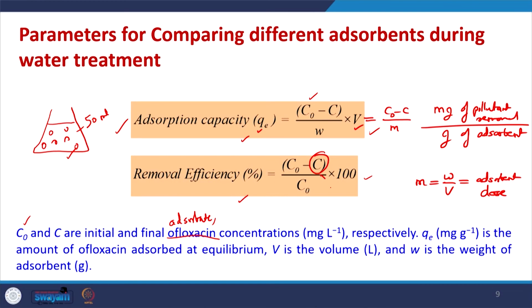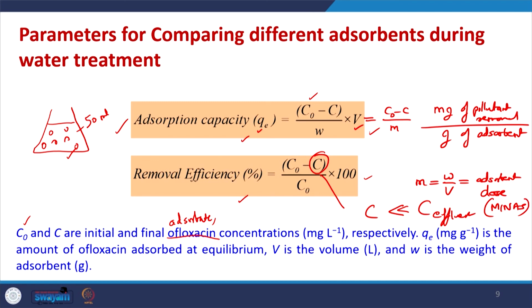Sometimes the removal efficiency is not that important a parameter, because we want the final concentration C to be below the concentration limits set in the effluent by the different agencies. The concentration of the pollutant in the effluent should be as per the MINAS standard if the water is being discharged from any industry.